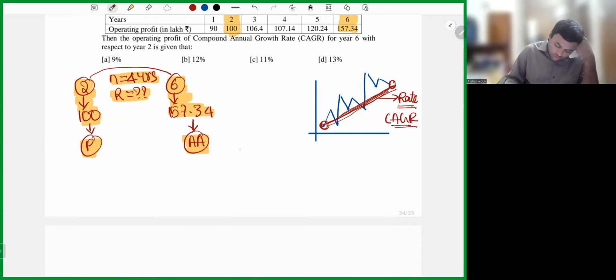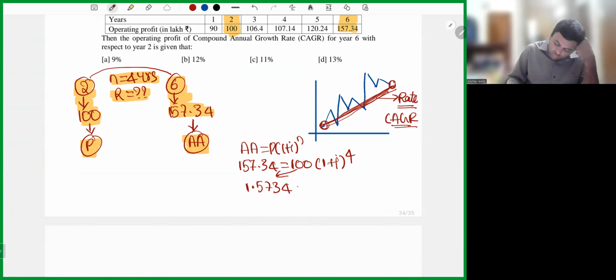So we know how to compute accumulated amount is equal to P into (1 plus i) whole power n. So 157.34 is equals to 100 into (1 plus i) whole power 4. Cross multiplication. 1.5734 is equals to (1 plus i) whole power 4.